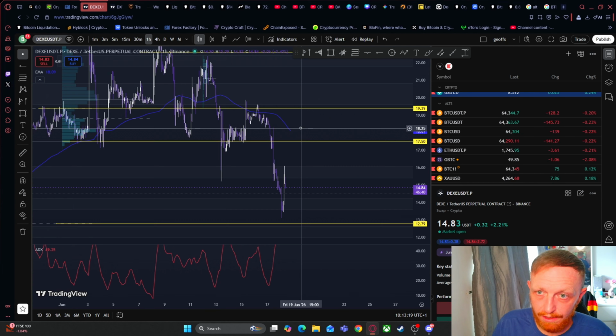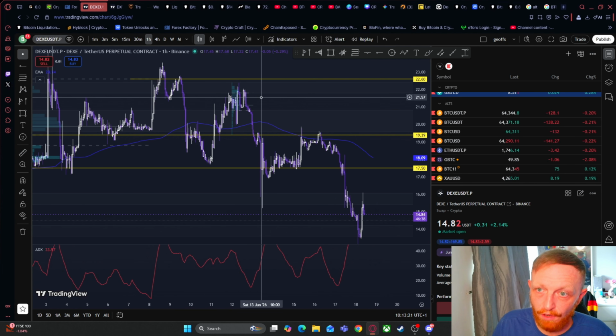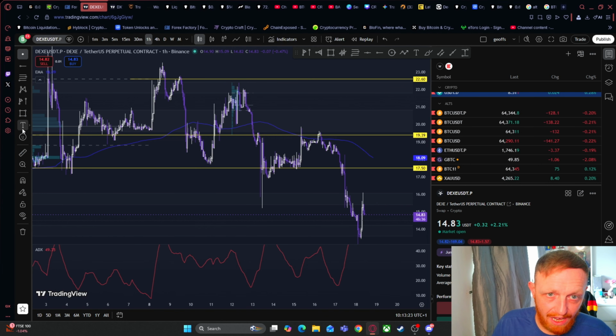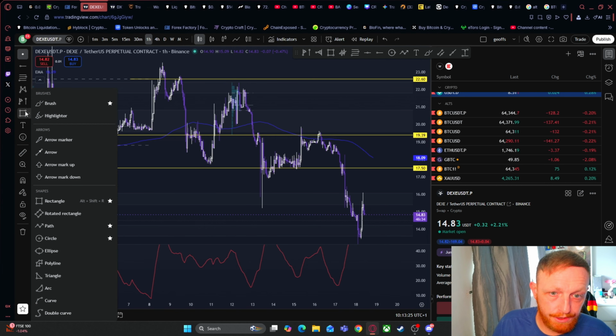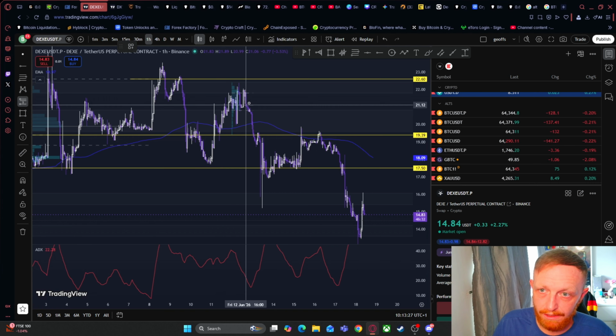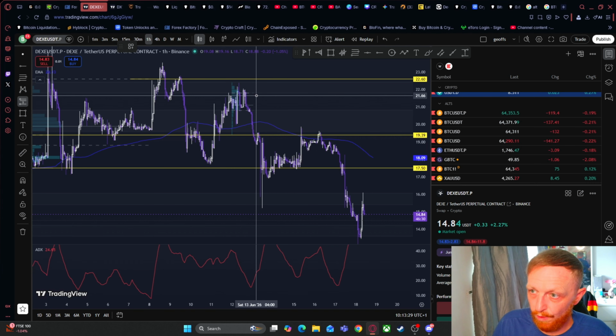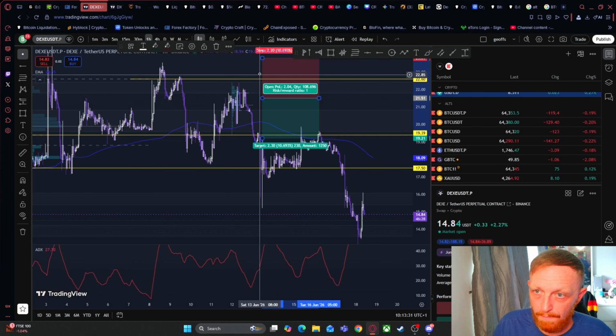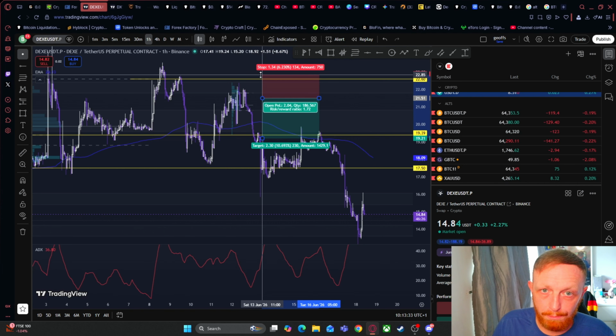And what I did was, I thought, right, we are getting rejected off of that zone. So if I put a short in here, 21.5, I think it was, my stop can go above that value area high and that wick there.